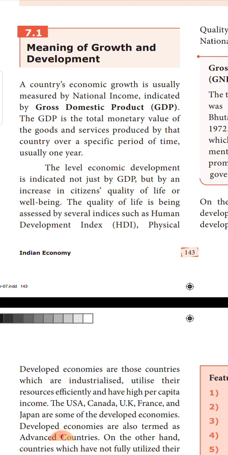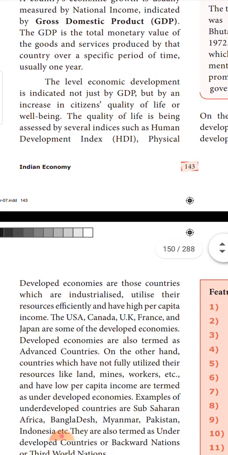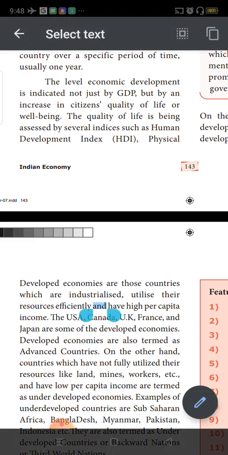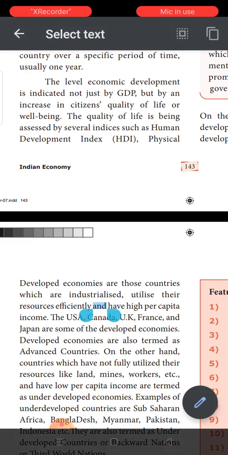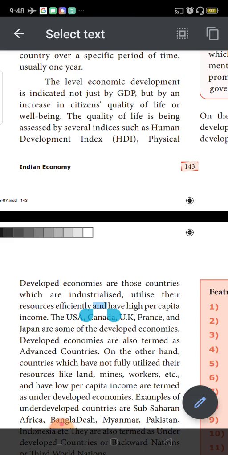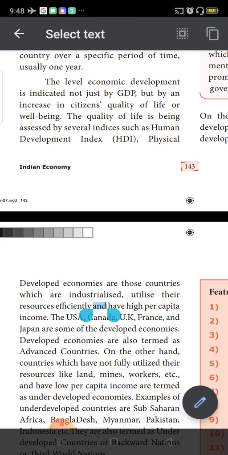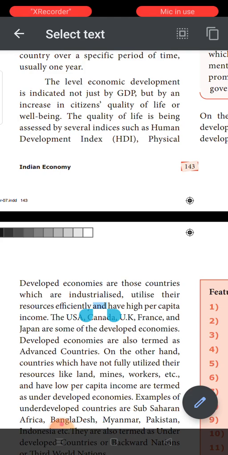Normally, the specified period will be a year. The level of economic development is measured using GDP, but not only by GDP, because you cannot always say that money is the measuring rod for our growth. Apart from monetary terms, there are certain other measuring rods which specify our growth and development.